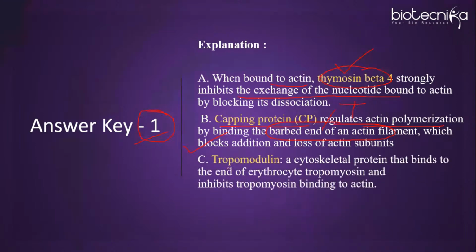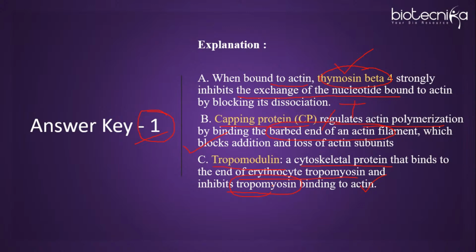Third option was tropomodulin. So tropomodulin is a kind of cytoskeletal protein that can bind to the end of erythrocyte tropomyosin, and they are responsible for inhibiting tropomyosin binding to actin. So what is the function of tropomyosin in actin? Anyone knows?